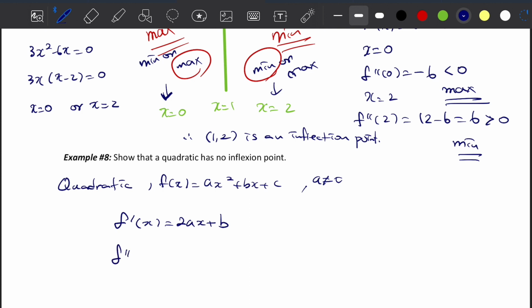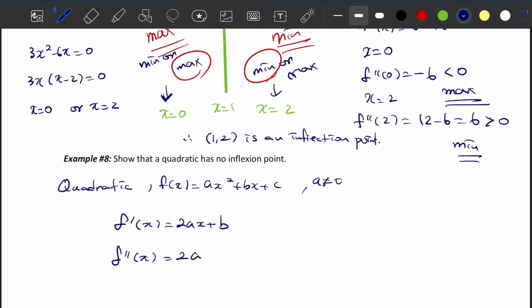And the second derivative of the quadratic is 2a. Since a cannot be equal to 0, because then it would be linear, we know that the second derivative of function f of x also cannot be 0. Since the second derivative of f of x cannot be equal to 0, that is the reason why the parabola has only the shape of concave up or concave down.